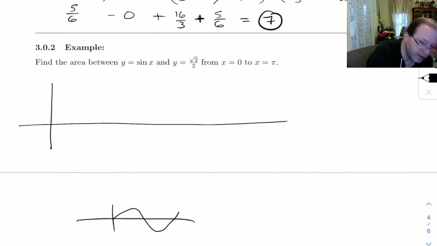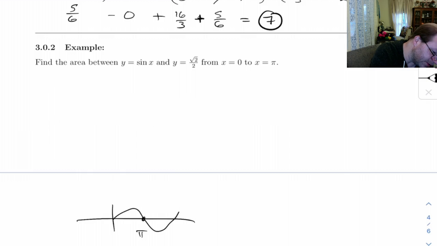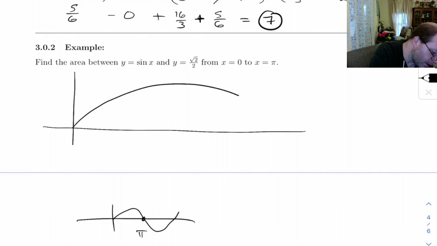It looks like this, and this is pi right here. So what we're looking at, let me erase this and draw it nicer. What we're looking at here is this area. Here's sine, and root 2 over 2 is here. So if I draw this line across here, it looks like this.